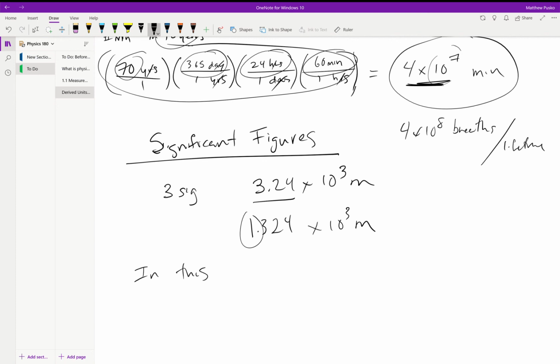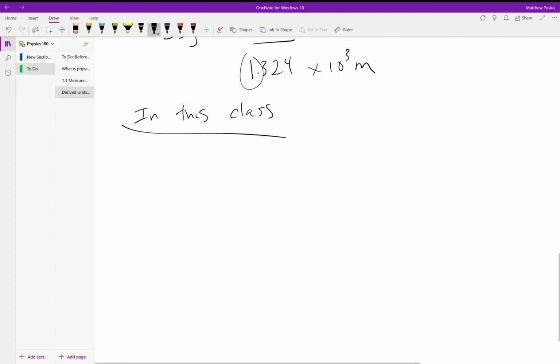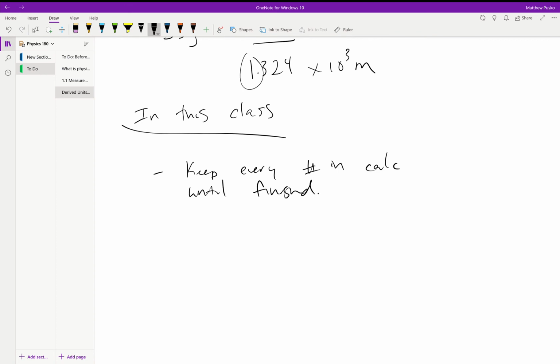In this class, my recommendation, and in general for engineering and physics, is to keep every single number in your calculator until you're finished, and then do any rounding. Do not round early. You'll end up with answers that are significantly different than what the solution should be.